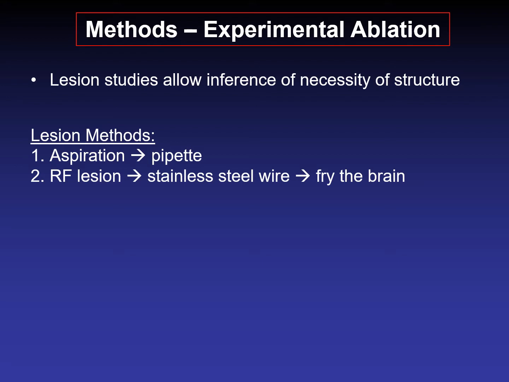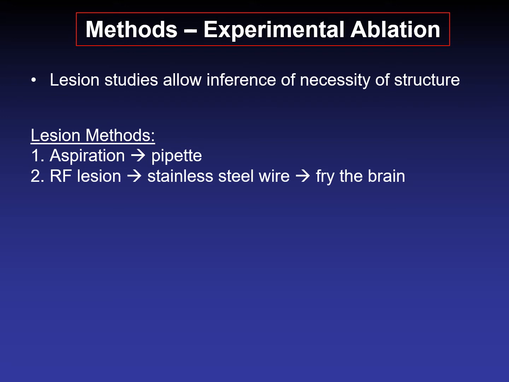So, for instance, we're interested in the hippocampus, so we create a lesion in the hippocampus, and we observe that memory is impaired. But we don't really know for sure, were there any axons that happen to be passing through, axons that were not related to the hippocampal function, but were just kind of a highway passing through a neighborhood, so to speak, well, any of those kind of axons will also have been destroyed.